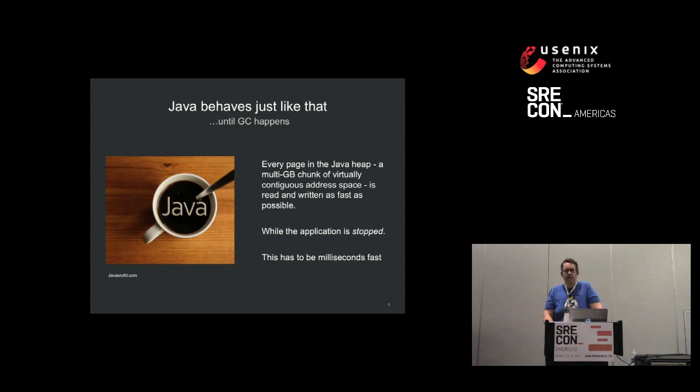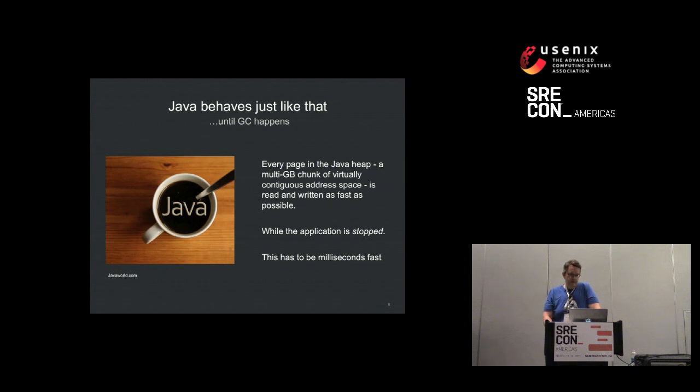And it reads and writes it because it's doing mark and sweep. So it marks things to these pages and then it reads them. And it does this once, twice. And portions of that happen, fewer and fewer these days, but still large portions of that happen while the application is stopped in a stop the world event, when the application is sitting there, not doing anything, not proceeding, not responding to network requests, not doing anything useful.